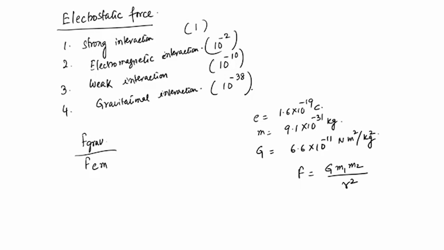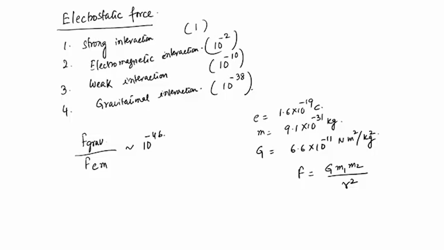If you keep them at the same distance, the distance will cancel out in the ratio, and this really comes out as 10 to the power minus 46. So, gravity is 10 to the power minus 46 times smaller, an enormously small number compared to the electromagnetic force.